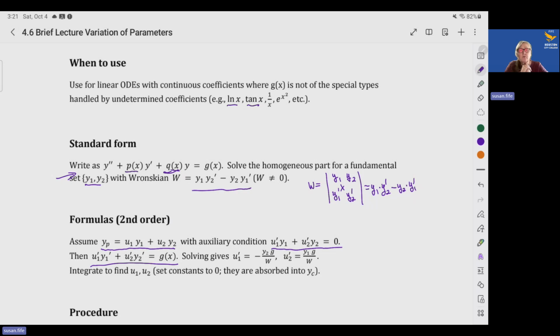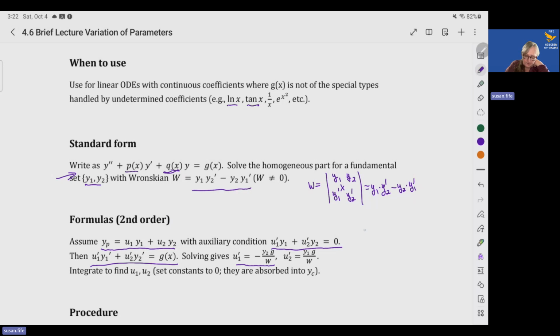So both of those equations come out, and it gives you a system of equations that you can solve for u1 prime and u2 prime. It happens that u1 prime is negative y2 times g over w, and u2 prime is y1 times g over w.